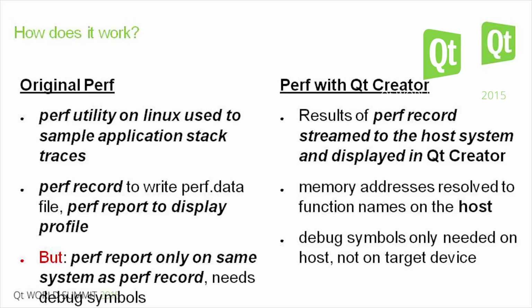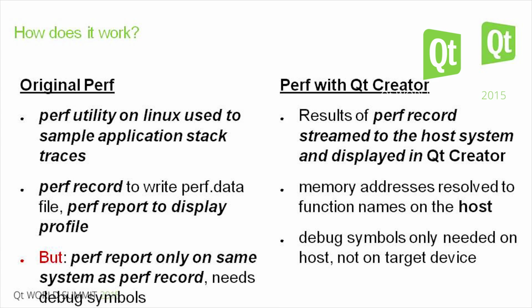So how does it work? Well, as I said, the Perf utility, in its original environment, you use it to record a trace with perf record, and then you can use perf report to show the trace in a nice text interface, which is okay in itself, but it has a couple of drawbacks.